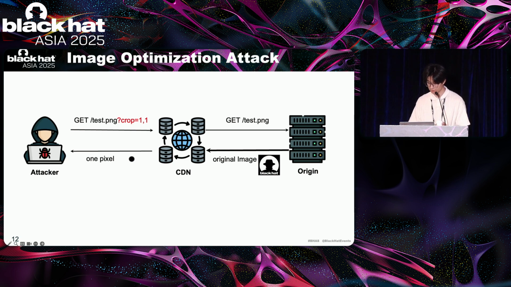This process creates a significant traffic imbalance, as the attacker only receives a single pixel from the CDN, while the CDN is forced to fetch the full-size image from the origin server. By repeatedly sending such requests, the attacker can easily overwhelm the origin server's bandwidth.